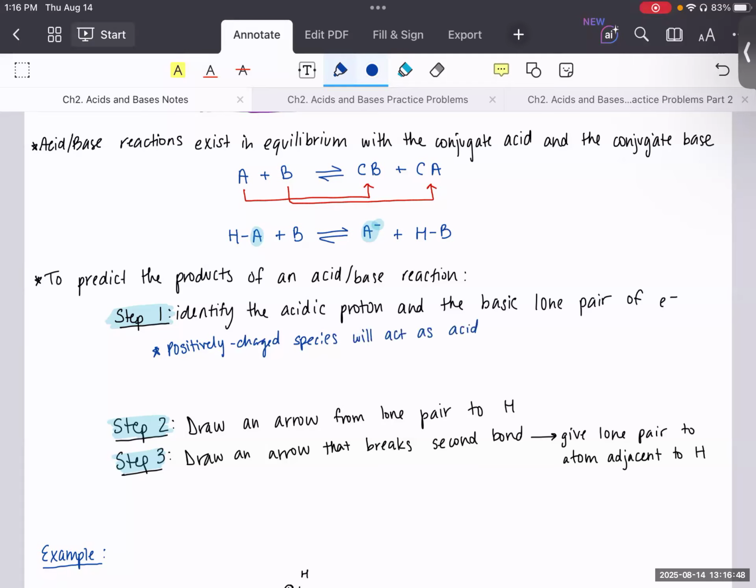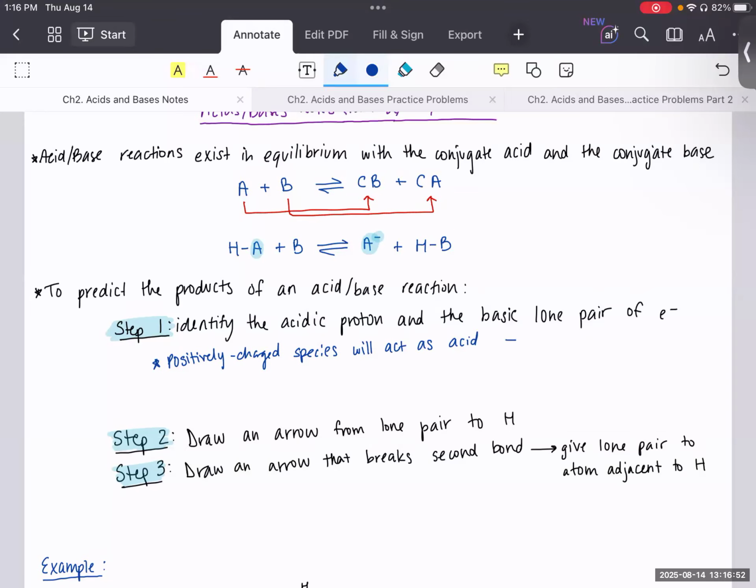So since they're already positively charged, they don't want to pick up another hydrogen. And so some really common functional groups for this are something like NH3. You'll also sometimes see OH2 when it's bonded to something else. Those are probably the most common examples of acids that are positively charged.